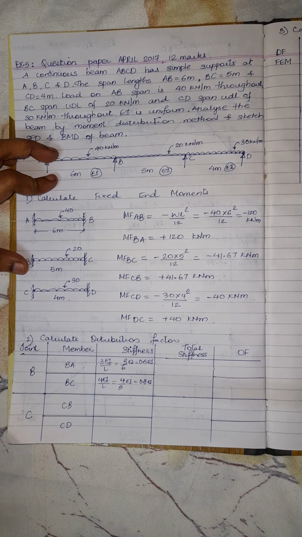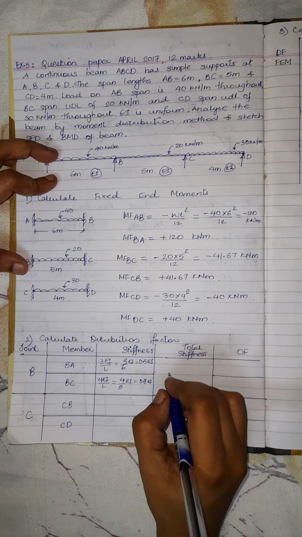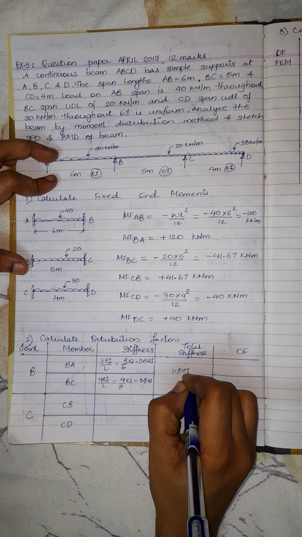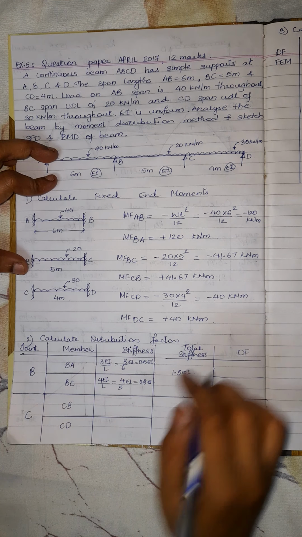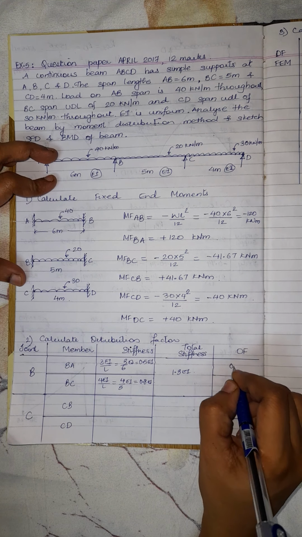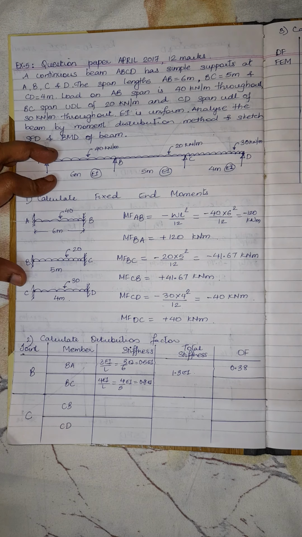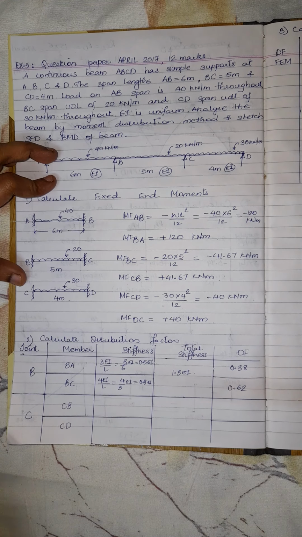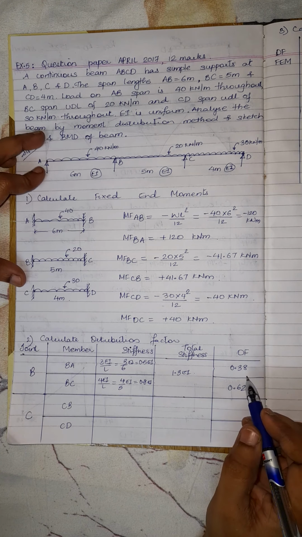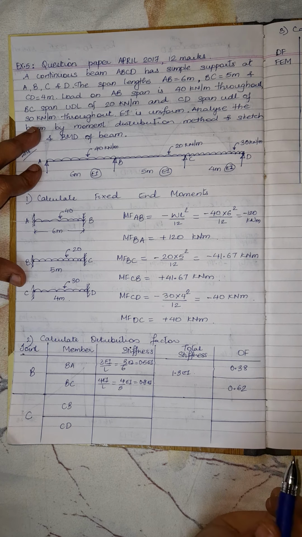When we add this, we get 1.3 EI. Then 0.5 divided by 1.3 is 0.38, and 0.8 divided by 1.3 gives 0.62. So this is the distribution factor at joint B. Add it, you should get 1.